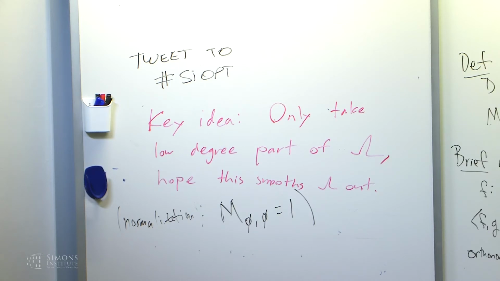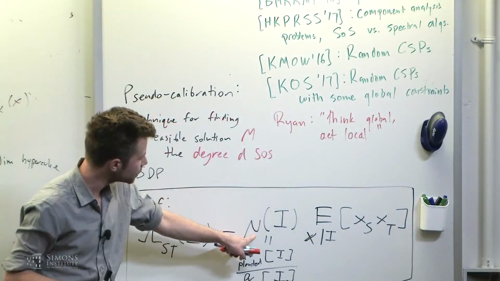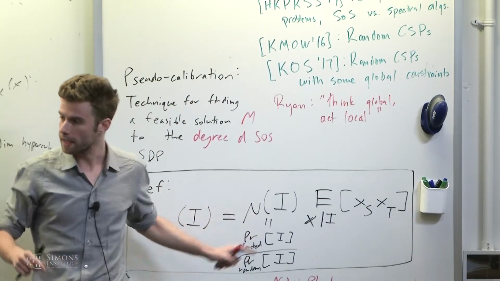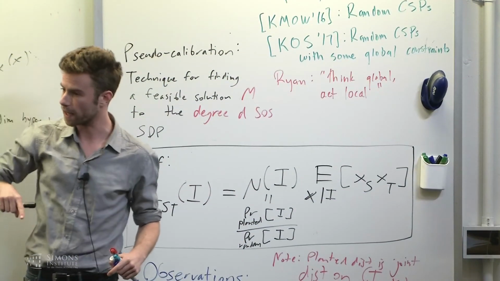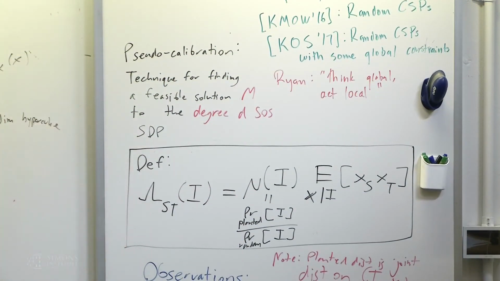But I multiplied by this number, which is potentially enormous. And the point is that only the high degree part of this function mu is able to be spiky like this. And when I truncate it to low degree, it'll smooth out this spike. And what will turn out to happen is that this entry is very close to 1. Or maybe just that the empty set is kind of like the lowest possible degree.